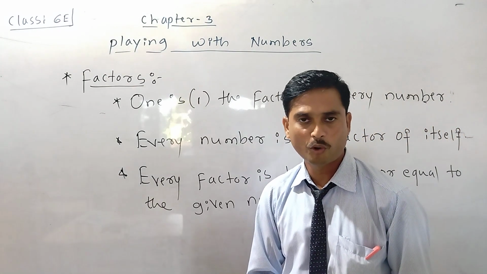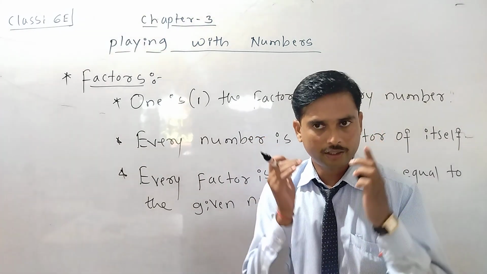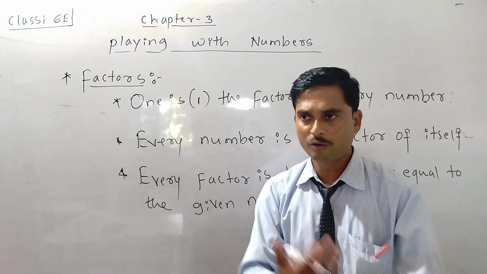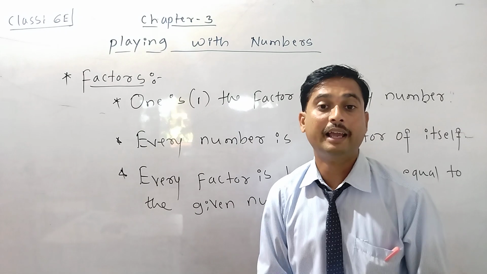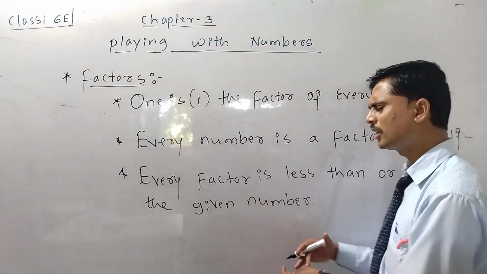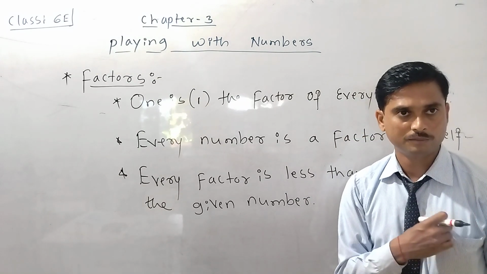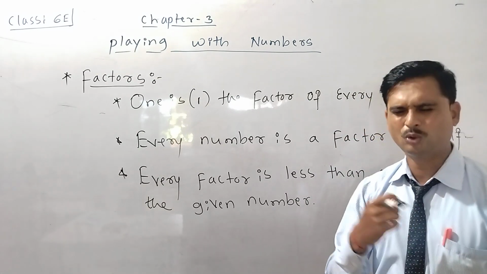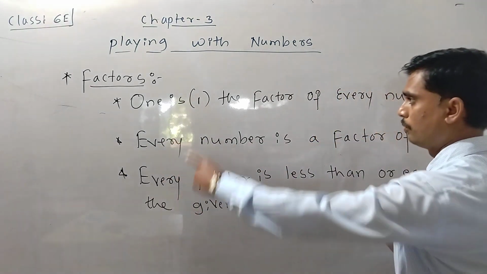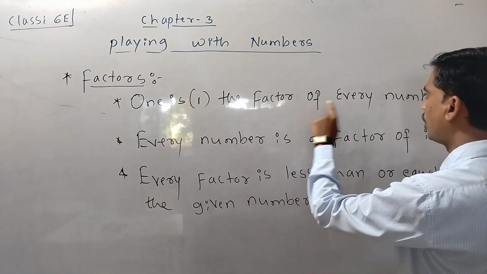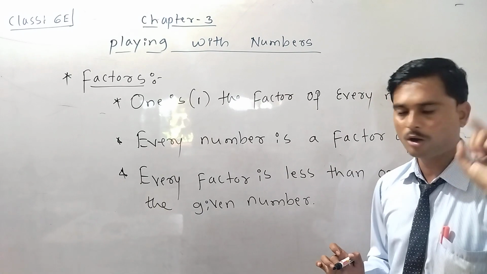But if you count your teeth, it is very easy because our teeth are few. It is not possible to count our hairs. That's why there are infinity numbers, and so 1's table is uncountable. That's why 1 is the factor of every number. Remember, dear students, 1 is the factor of every number.